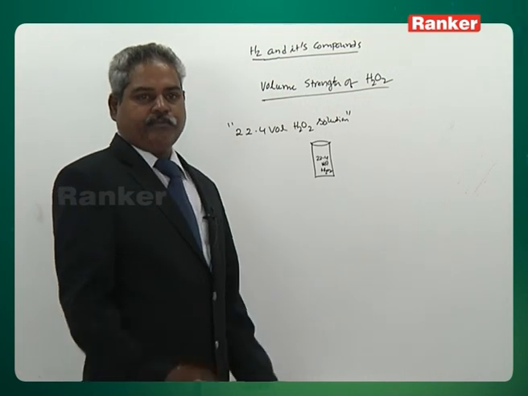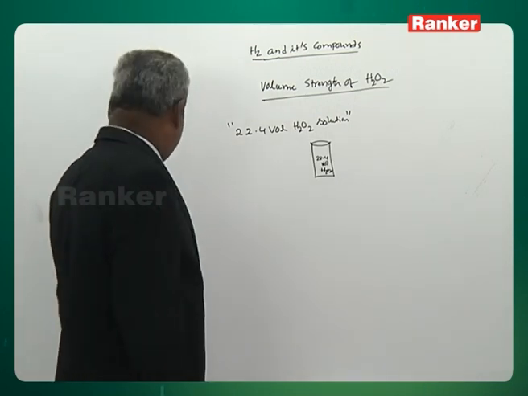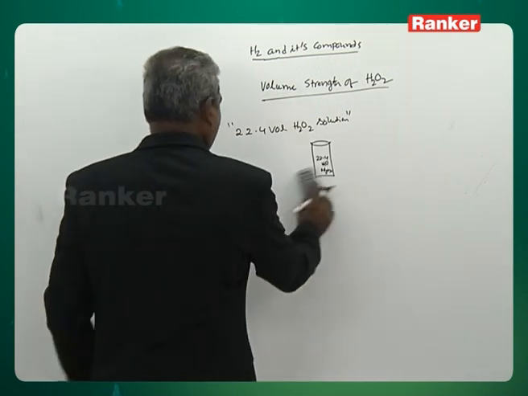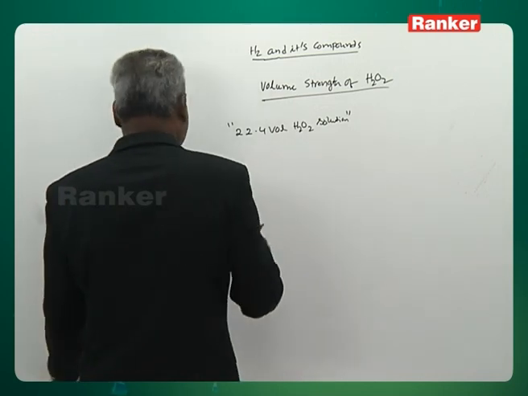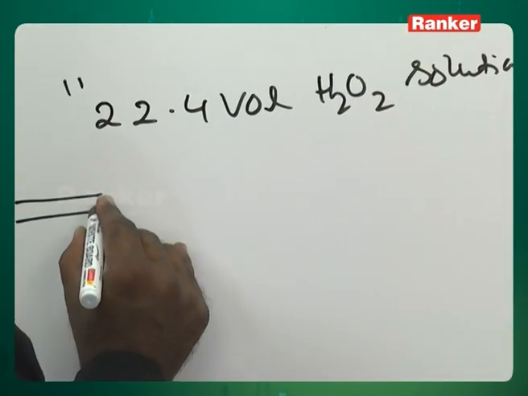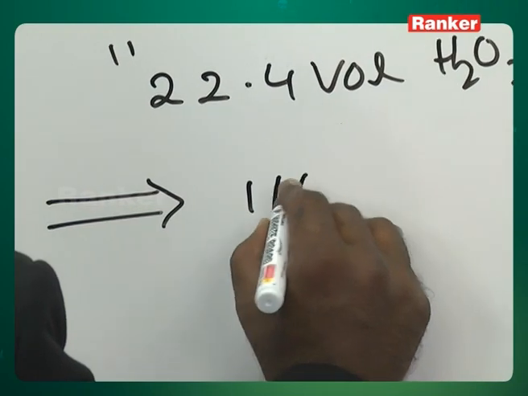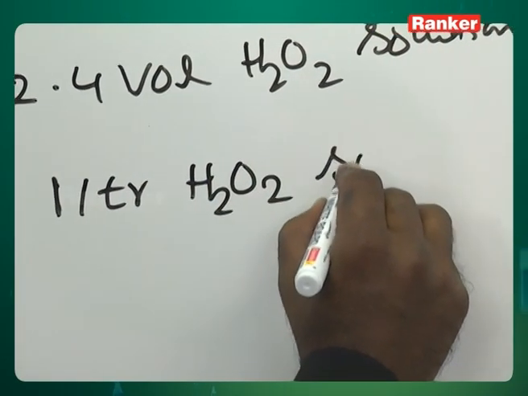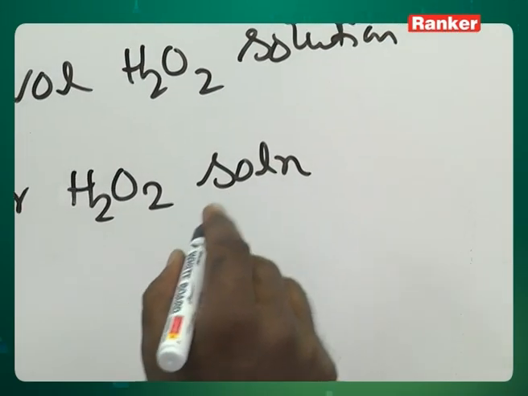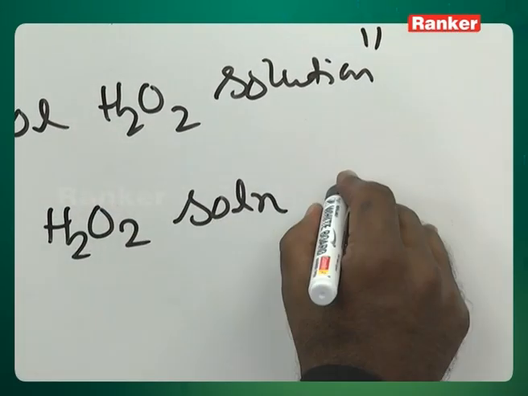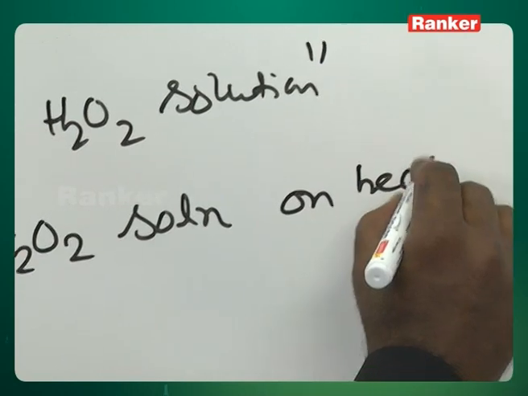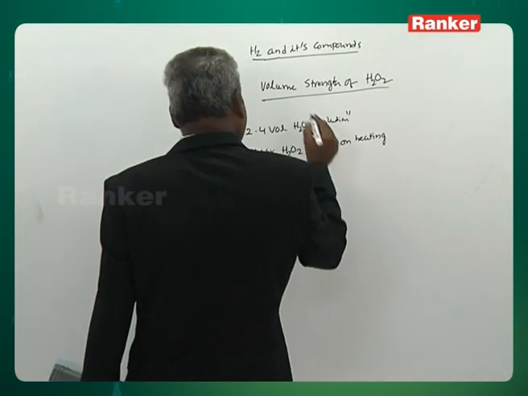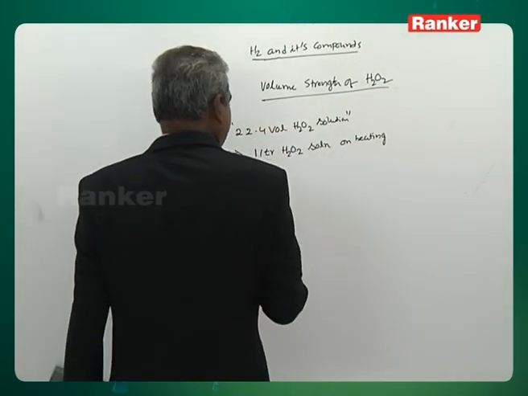What does that mean? 22.4 volume H2O2 solution means 1 liter H2O2 solution, on heating, you take 1 liter and you heat it.